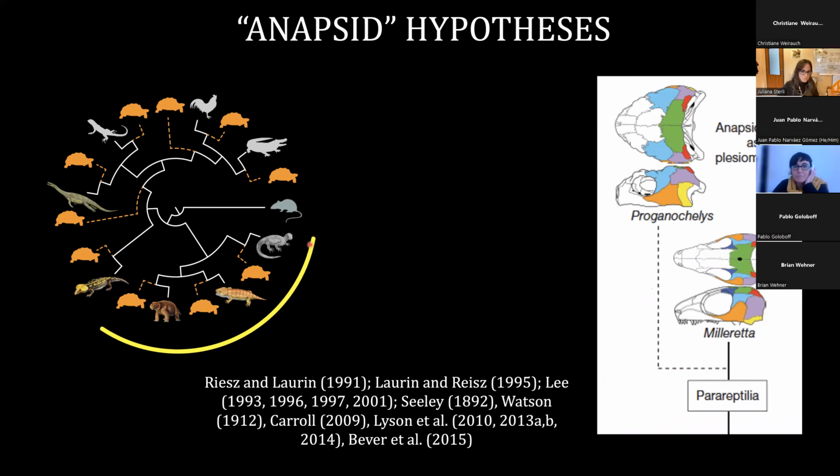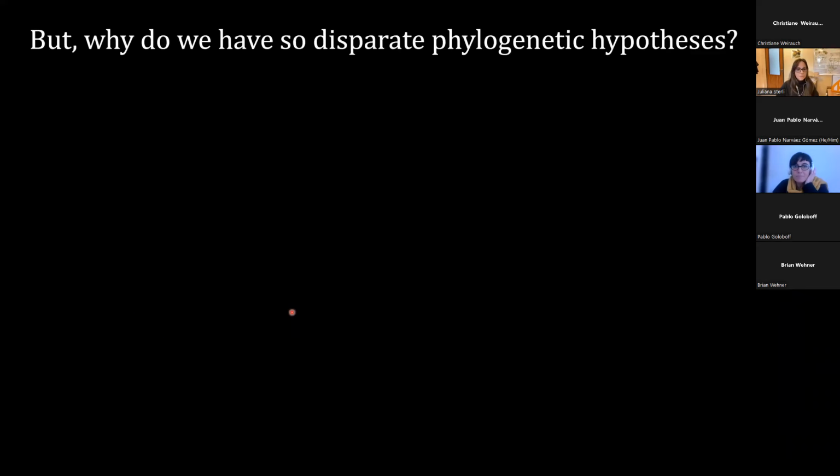There are a bunch of papers also supporting this, the affinities of turtles with parareptiles. So why do we get such an array of different hypotheses?